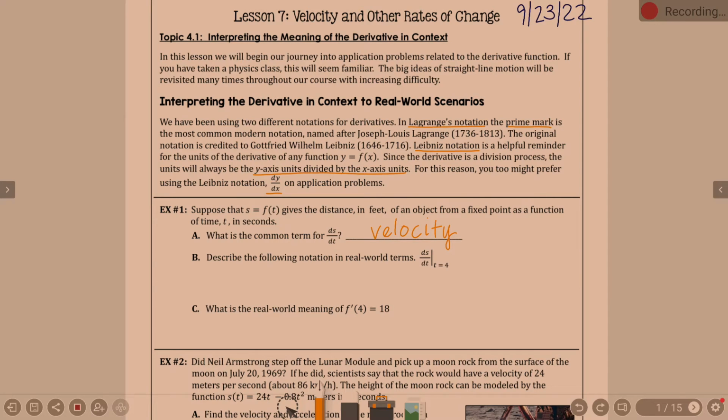Now, with that in mind, describe the following notation in real world terms. When they're saying ds dt, I read this as the derivative of s with respect to t evaluated when t is 4. What is that that we're looking at here?